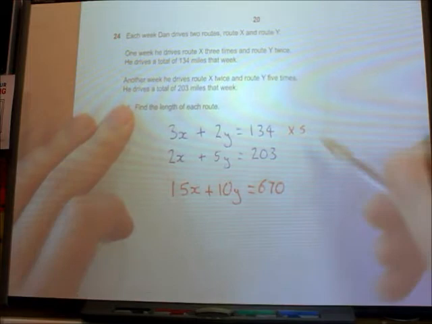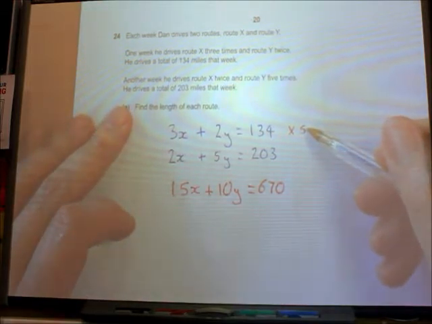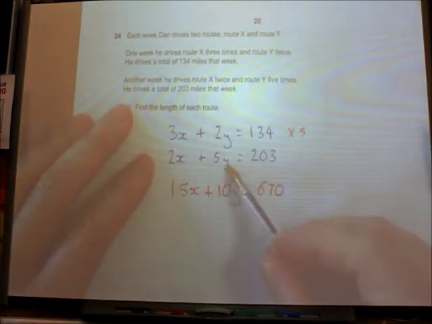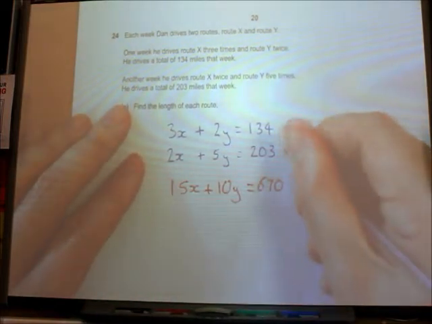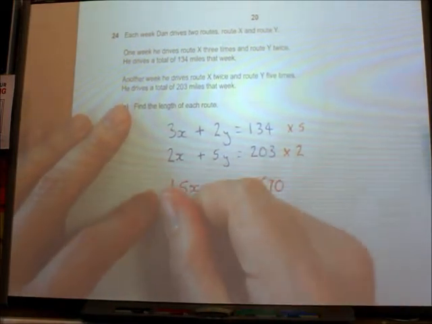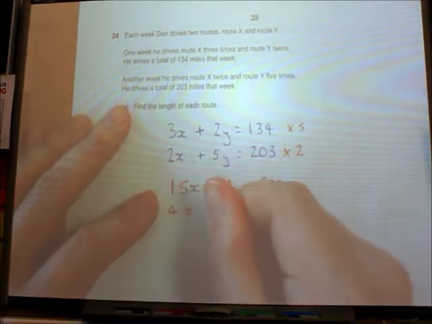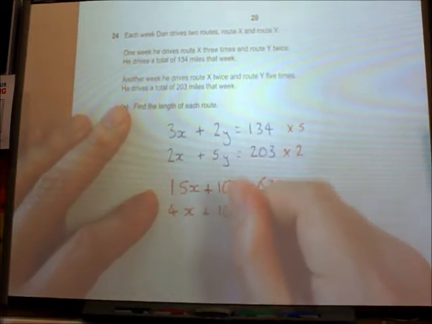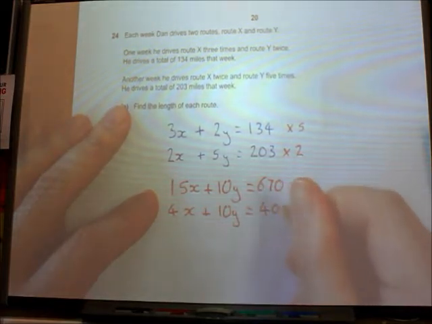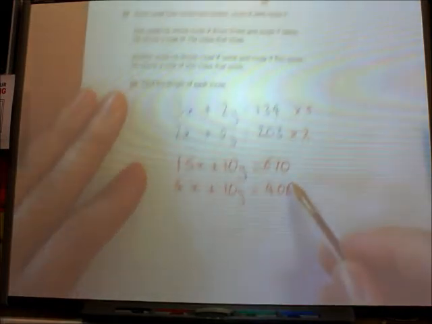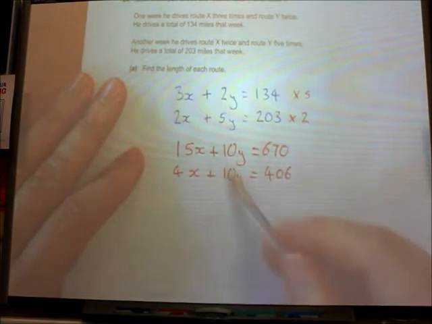Because I've multiplied everything by 5, that's fine. Here I've got to get that to be 10y, so multiply everything by 2. So that's going to become 4x, add 10y, equals 406.